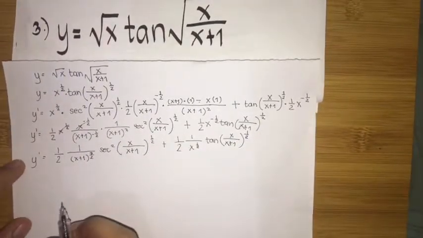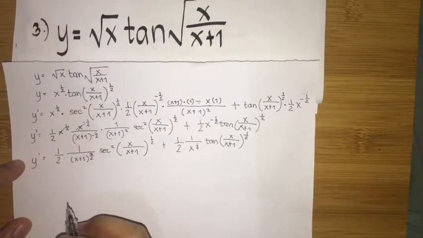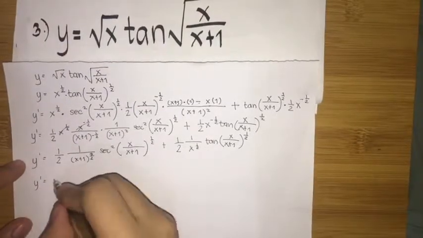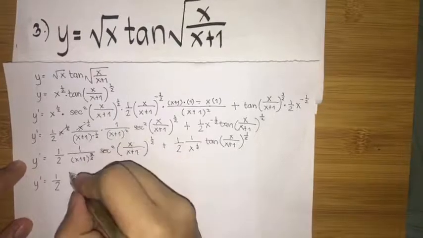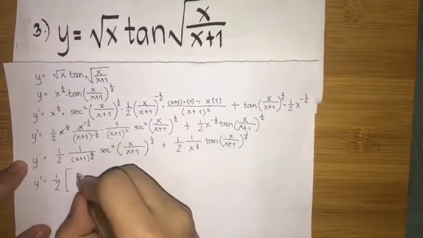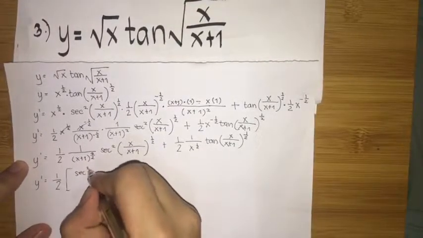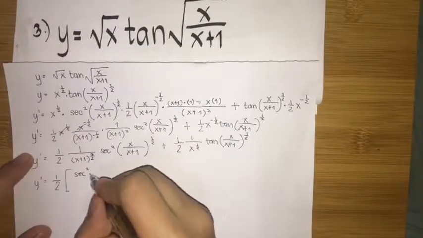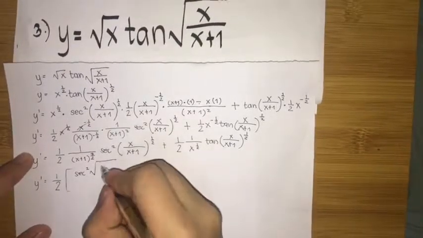Okay, so I think we can factor out 1/2, so 1/2 times, so I think we can now rewrite all the fractional exponents into radical form again.